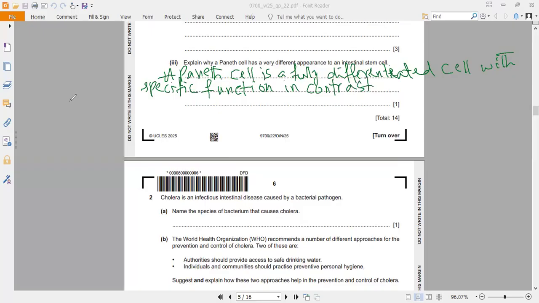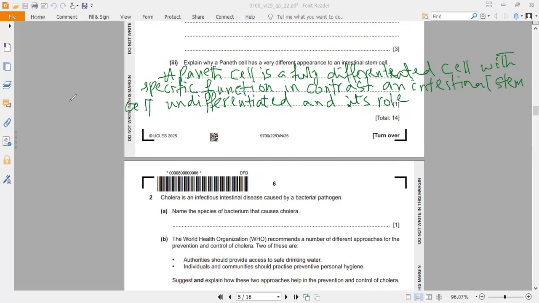In contrast, an intestinal stem cell is undifferentiated and its goal is to divide.